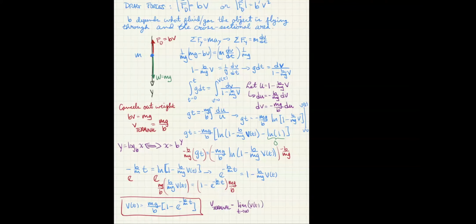So if you look at v of t, which is mg over b times 1 minus e to the negative b over m times t, if you take the limit as t approaches infinity, the exponential is going to go to 0, and therefore you're just going to get mg over b, and that's exactly what we expected the terminal velocity to be, mg over b.